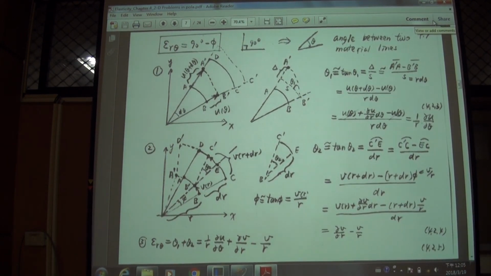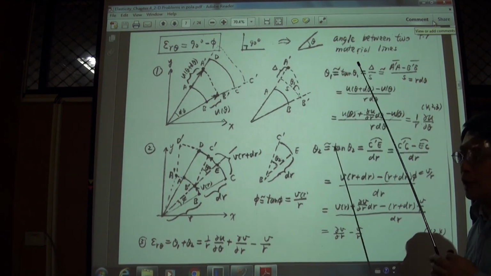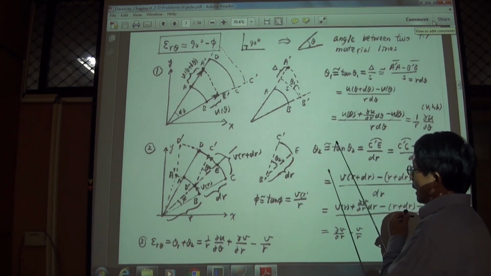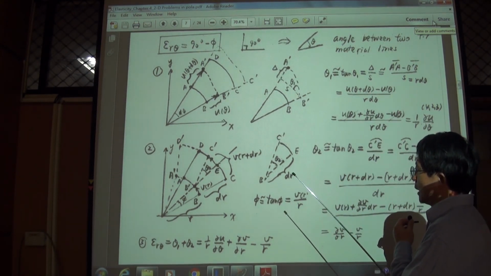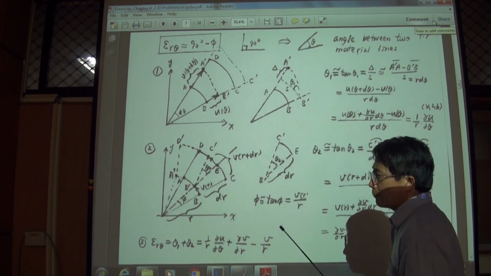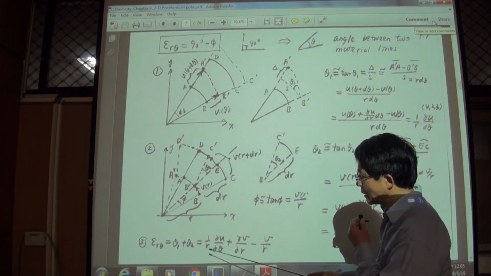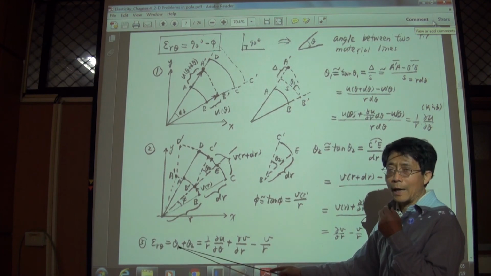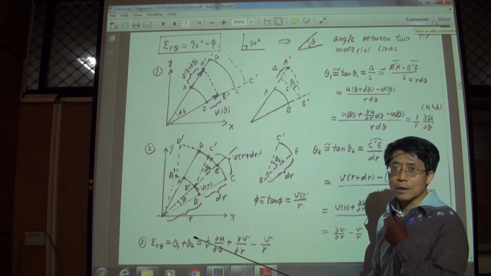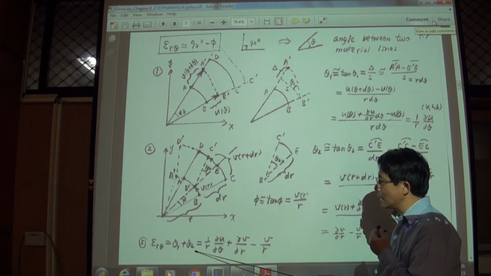So in this way, we have theta 1 and theta 2, two shear angles created due to the displacements V and U. So we have two sources of the shear strain. Now we sum these two shear angles to give us the total shear strain, gamma R theta, equal to theta 1 plus theta 2.